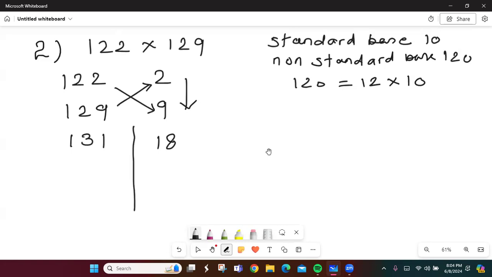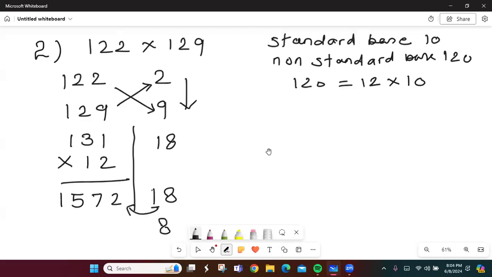Now in this case, 131 is a number that is in base 120. So let me change it to a base 10 number by multiplying by 12. So 131 multiplied by 12 will give me 1572. And since I'm taking the standard base as 10, I'll keep only one digit in the right partition and I will carry forward this one to the next partition.